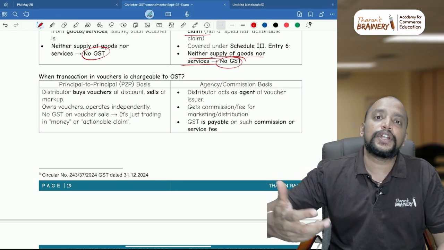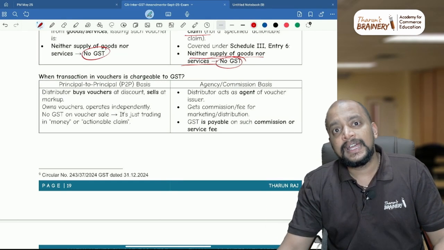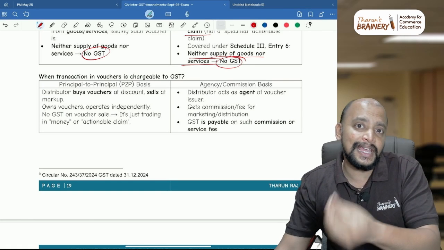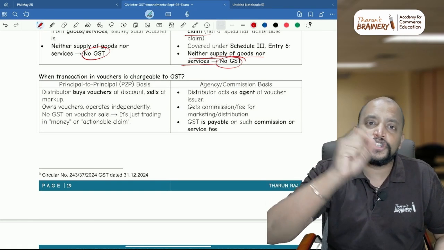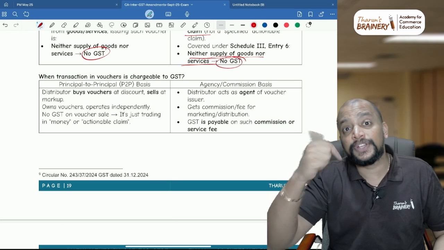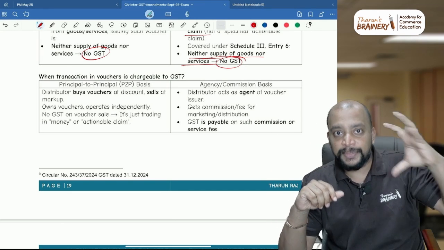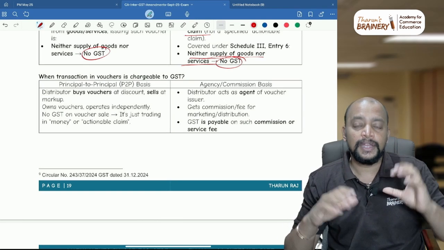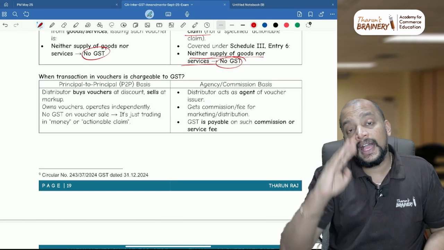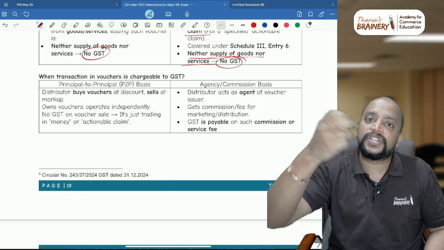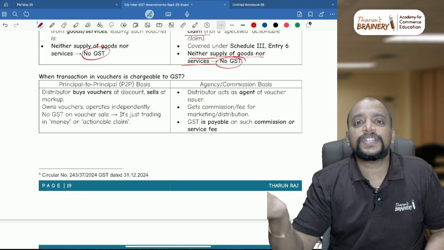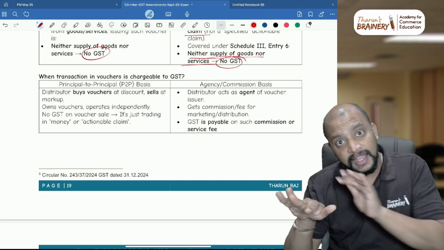Now, corporates wanted to give gifts to their employees. Rather than giving money or anything else as a gift, they will give Shopper's Stop vouchers as a gift to their employees. Now, 3 parties are involved: the shopkeeper, that is Shopper's Stop, the marketing agency, and the company which buys the voucher through this marketing agency and gives it to their employees.